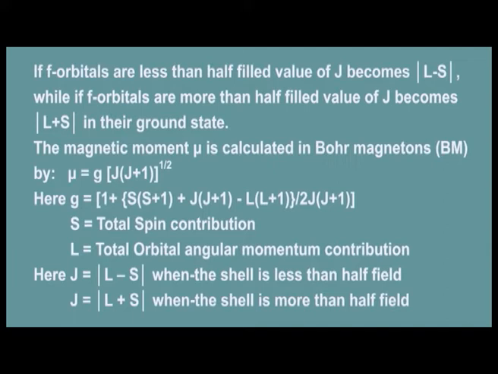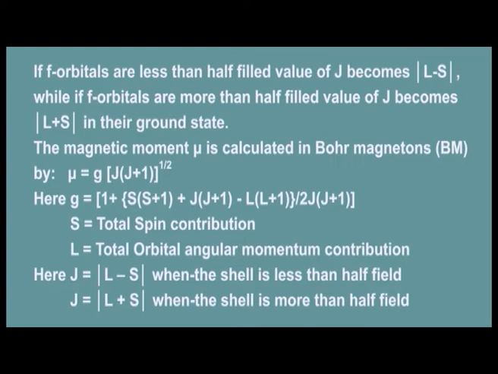in their ground state. The magnetic moment mu is calculated in Bohr magneton by the formula mu J is equal to g root J into J plus 1, where g is a gyromagnetic constant and its value can be determined by the formula g is equal to 1 plus S into S plus 1 plus J into J plus 1 minus L into L plus 1 divided by 2J into J plus 1.